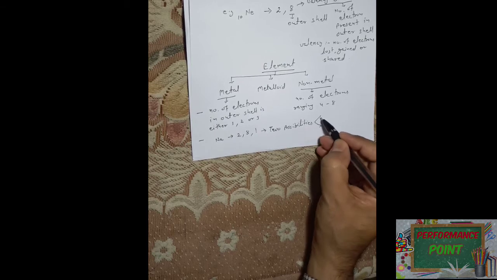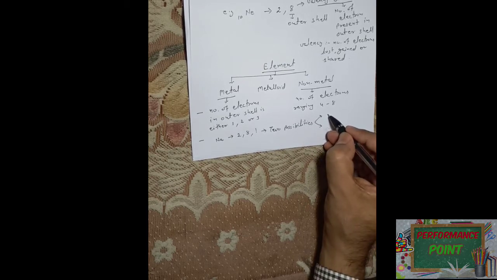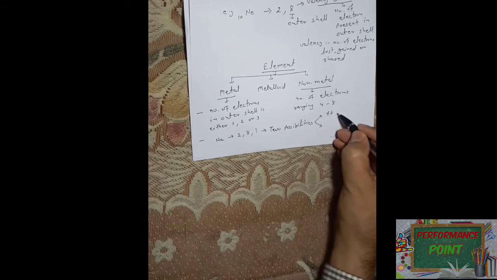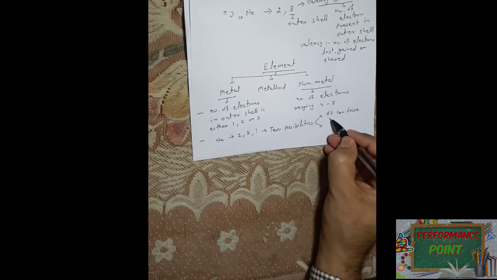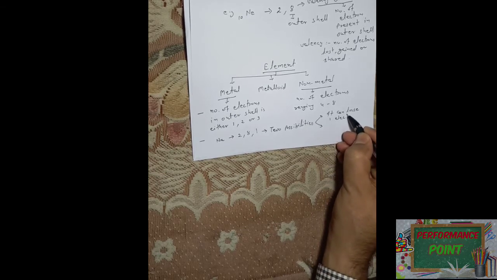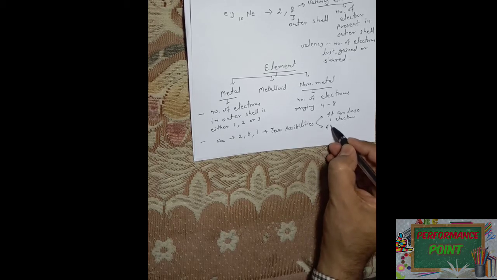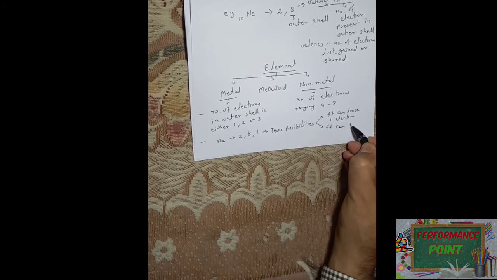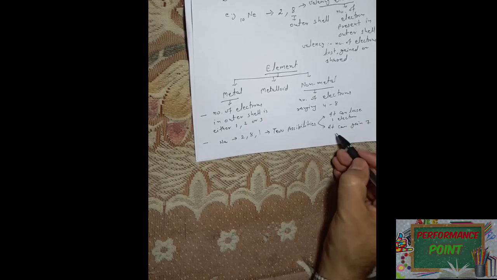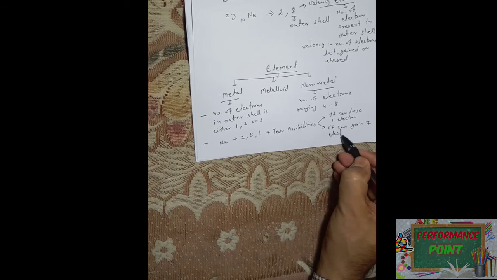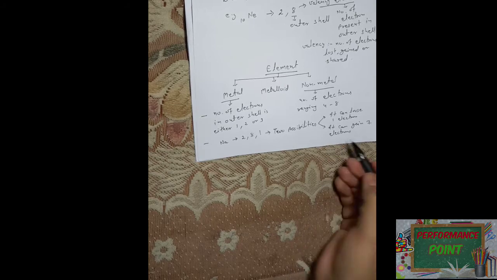The first possibility is that it can lose 1 electron. The second is that it can gain 7 electrons. Now, which one is better?